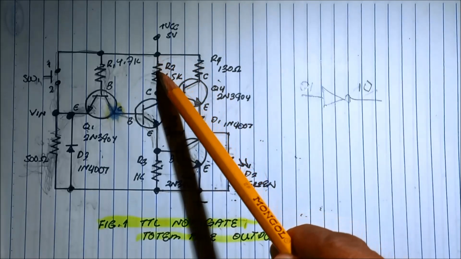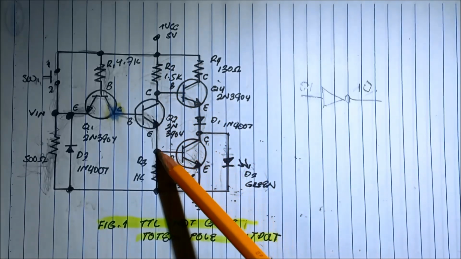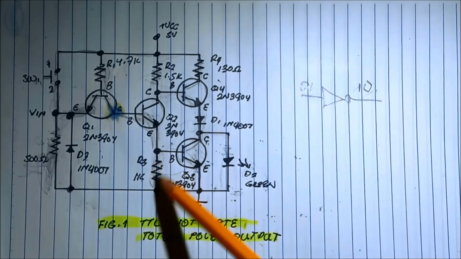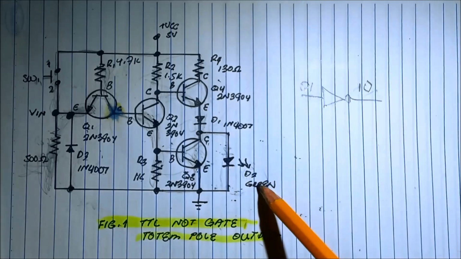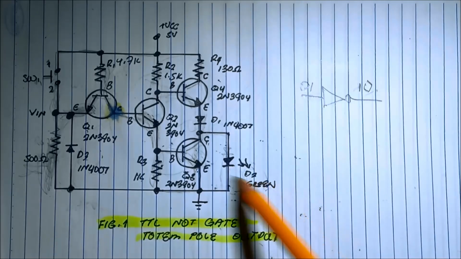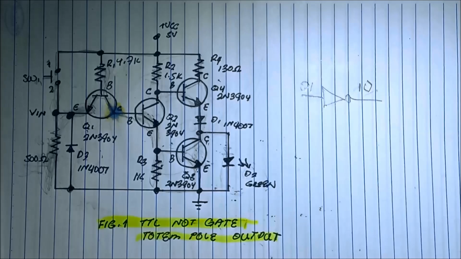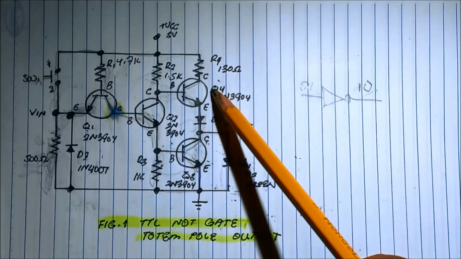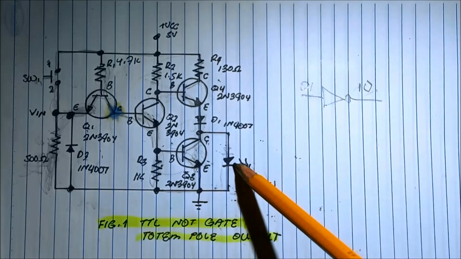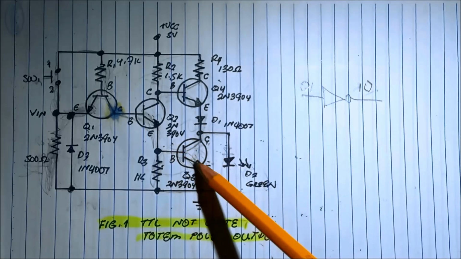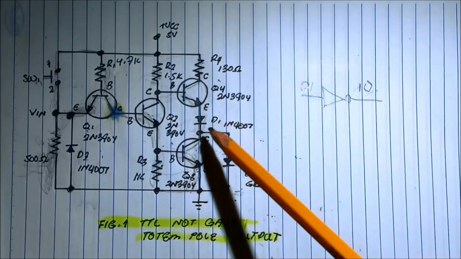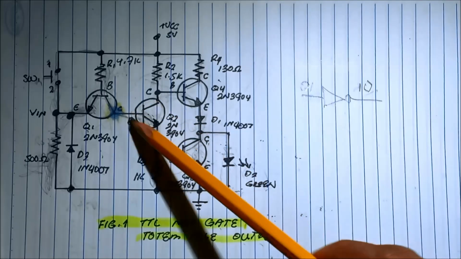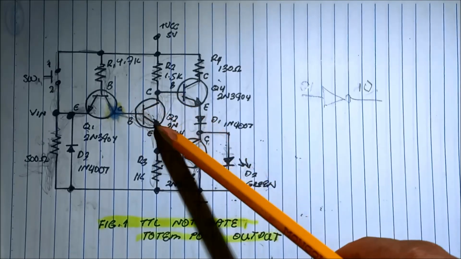So the current flows now into the R2, collector to emitter, and then to the base, to the R3, to the base, making this LED to turn off when we press the switch. Okay, this is now off. Why this is off? Because it is pulled down to the ground. What is the function of transistor here?